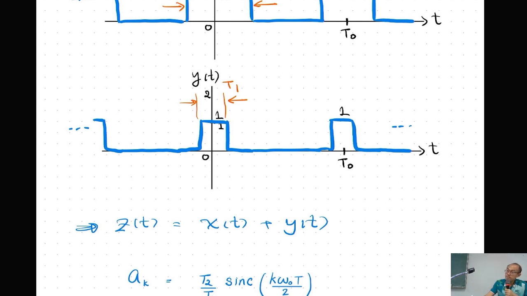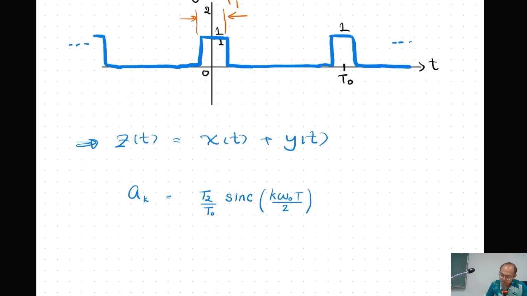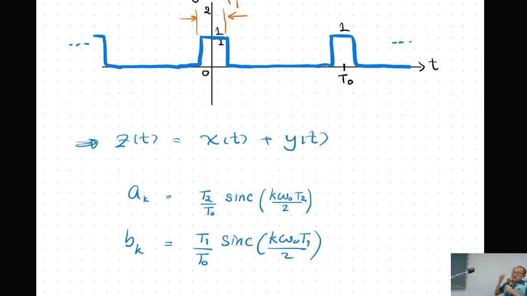All right. And what about the Fourier series coefficient of y? For y, the only thing that's different is t2, which should be changed to t1. Okay, this is for b.